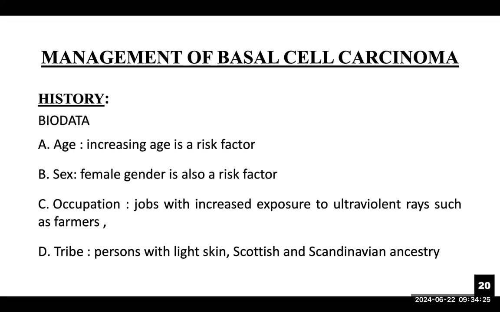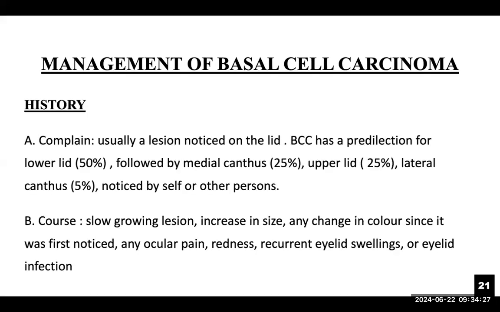Okay. So the complaint is usually that of a lesion noticed on the lid. The lesion can be noticed by the patients themselves or other persons. Basal cell carcinoma has a predilection for the lower eyelid, followed by the medial canthus, then the upper eyelid, 25% also, and then the lateral canthus.